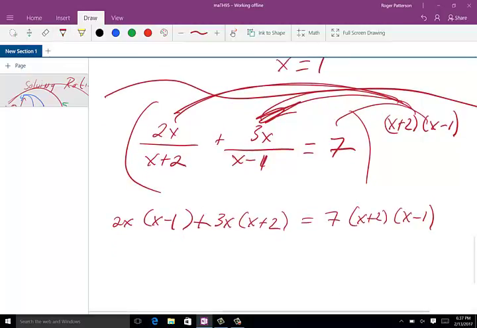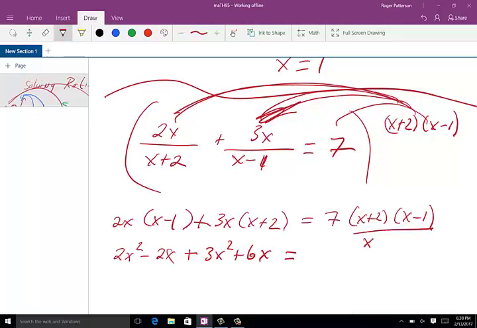Okay, so now we just got to work this out. So let's work this out. 2x squared, 2x plus 3x squared plus 6x equals, I'm going to FOIL this first and then multiply by 7.